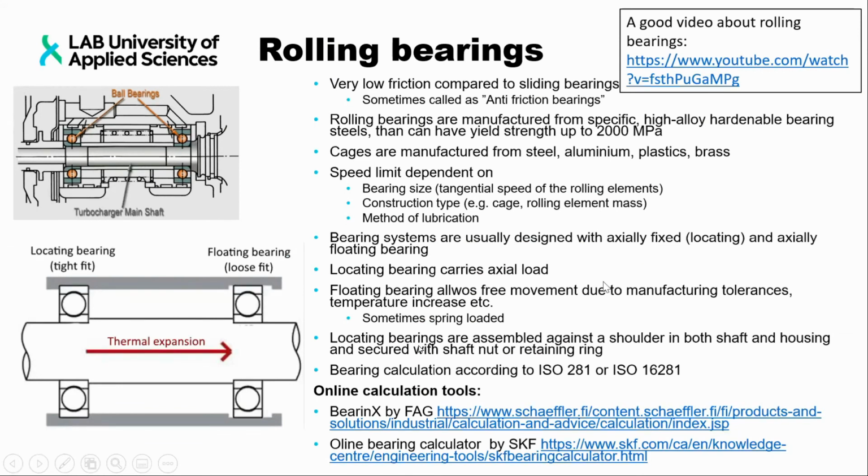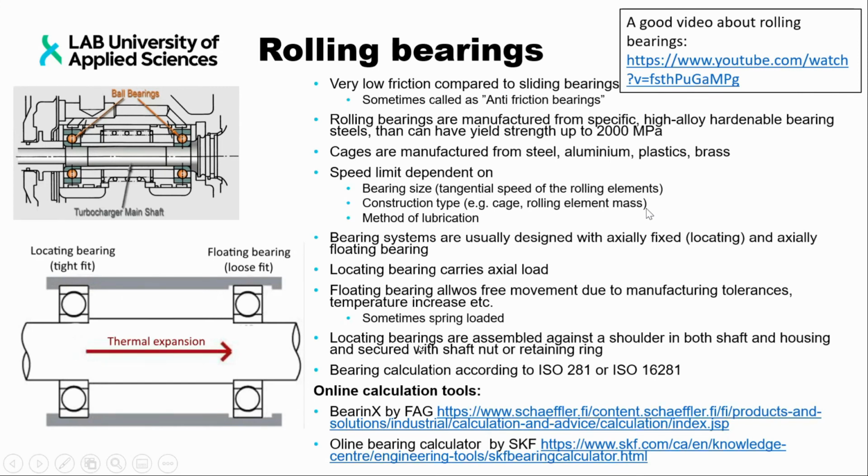So speed depends on the cage. What is the material of the cage? The cage could be plastic, which doesn't allow very high speeds, of course. The cage could be brass, and the cage could be steel. Speed is also dependent on the rolling element mass and eventually the rolling element material.